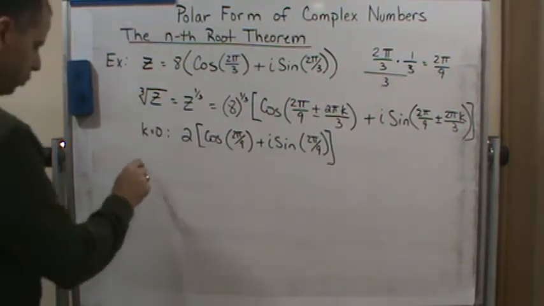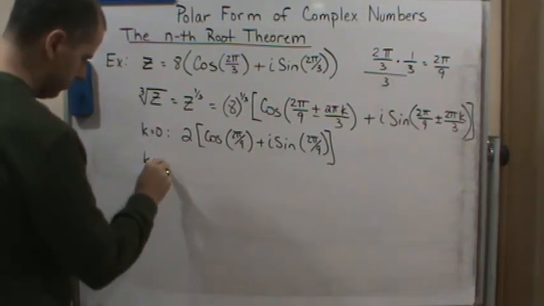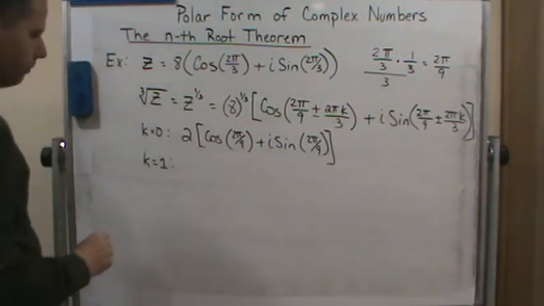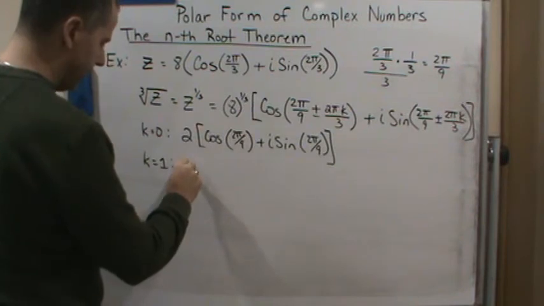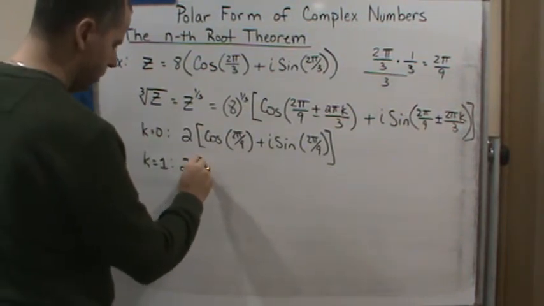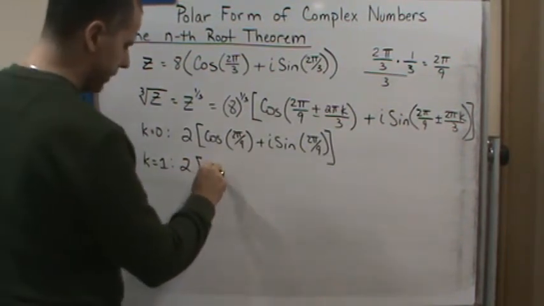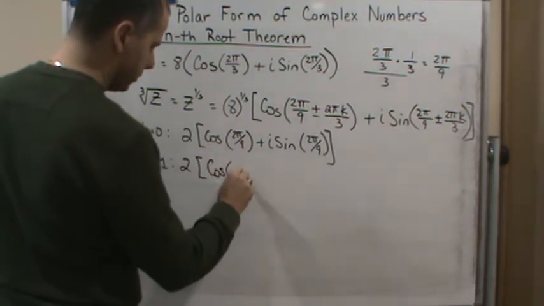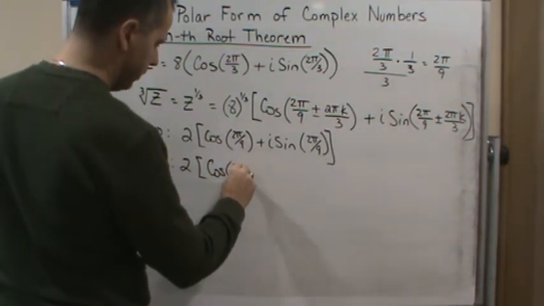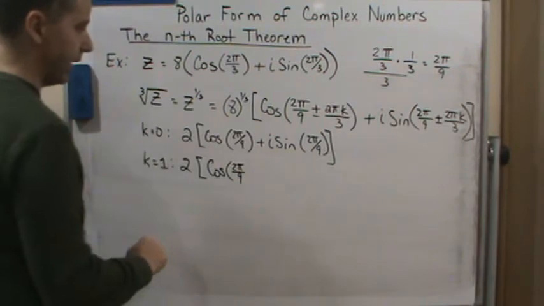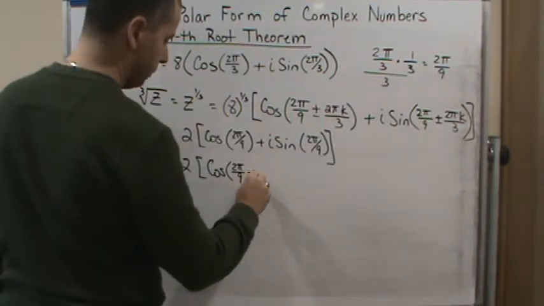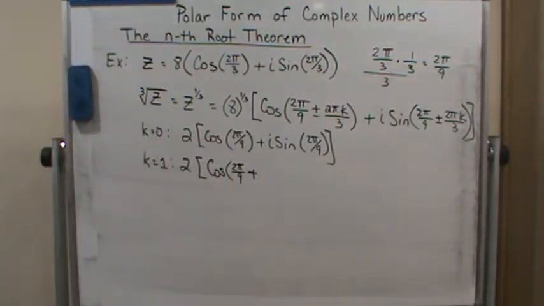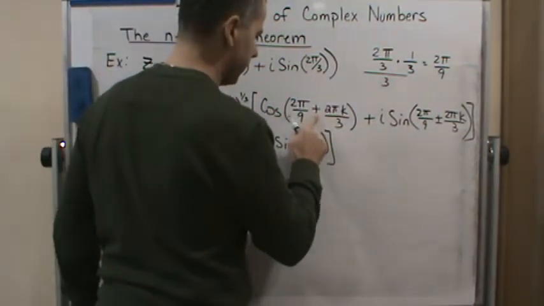So now if k is 1, then what I get is 2 cosine of 2 pi over 9 plus, actually there's no plus or minus, I'm sorry.